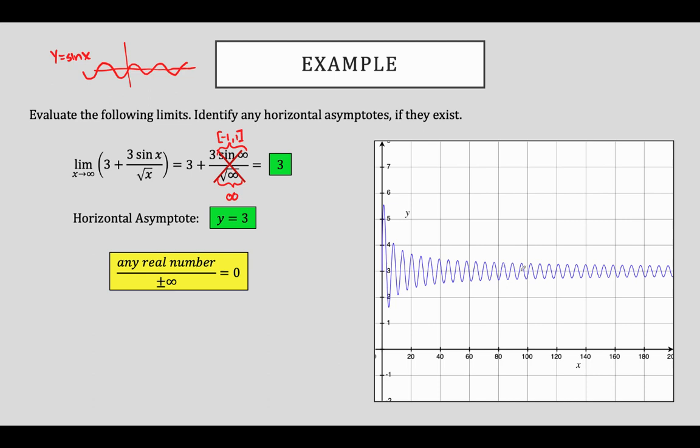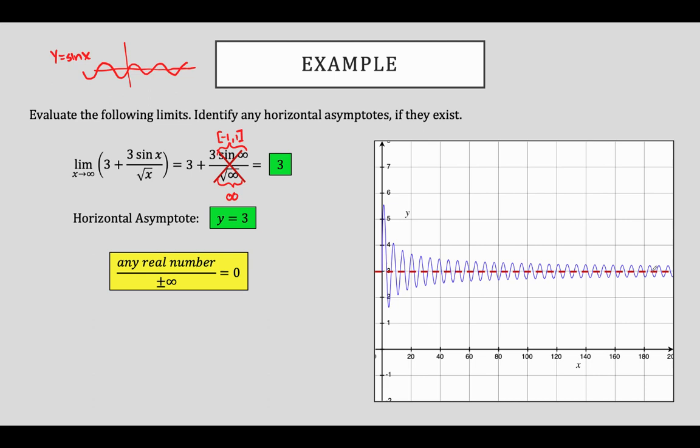But as it oscillates, the height of each one of these waves gets smaller and smaller. So this is known as a dampened sine curve. As this graph continues to go to the right, the y values are going to approach 3. Therefore, we have a horizontal asymptote at y equals 3.